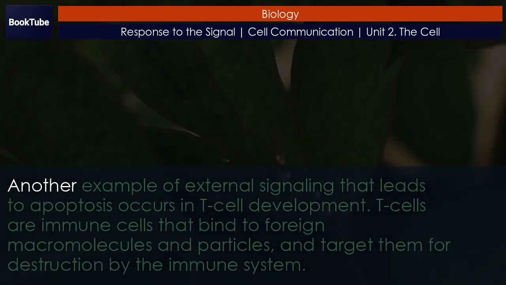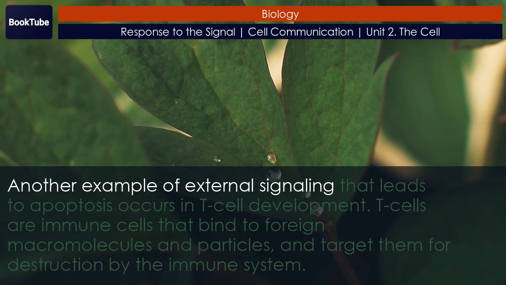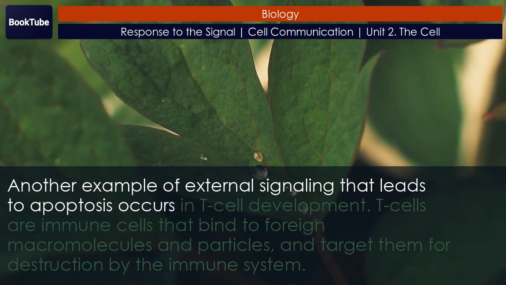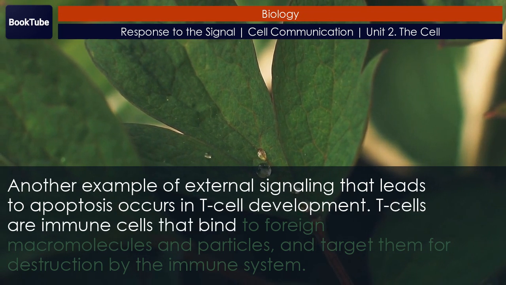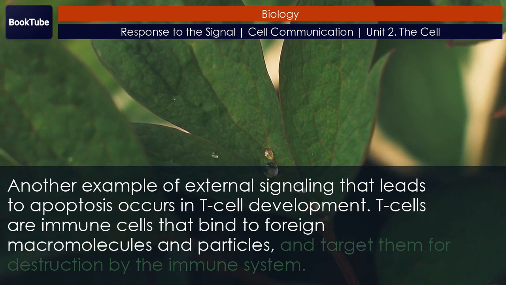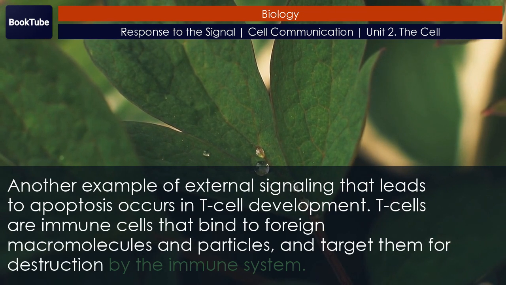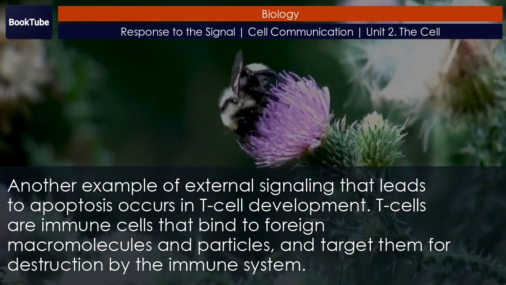This system keeps cells from traveling through the body and proliferating out of control, as happens with tumor cells that metastasize. Another example of external signaling that leads to apoptosis occurs in T-cell development. T-cells are immune cells that bind to foreign macromolecules and particles, and target them for destruction by the immune system.